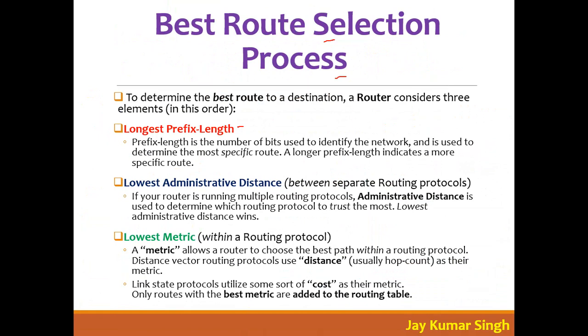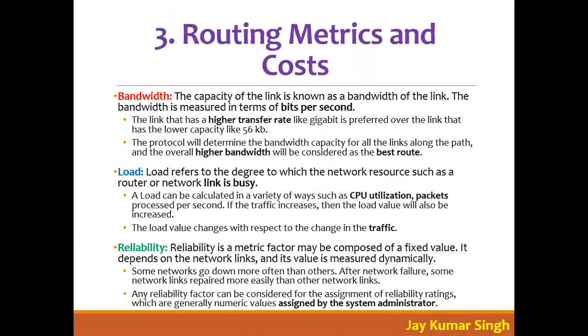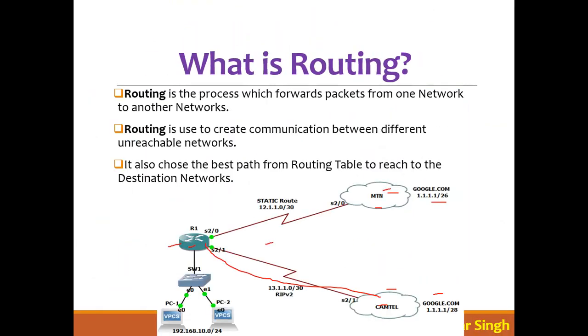If the longest prefix is the same on both sides, then he will go with the lowest administrative distance. Now this side is static, and this side is RIP, and assume that this is also /28 and this is also /28. Then he will go with the second criteria, the lowest administrative distance.